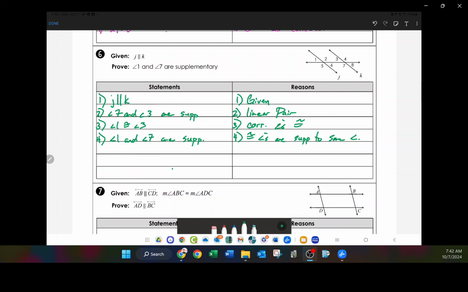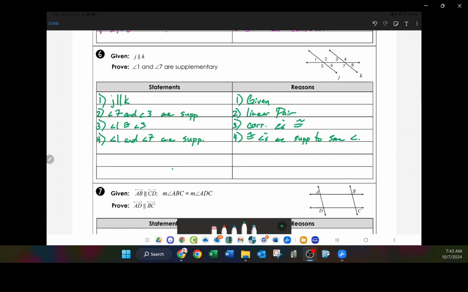So, the reason why this has so many lines is because for some reason the person who made this wants you to show that angle 3 and 7 add up to 180, and then say that 1 and 3 are congruent, and then say 1 and 3 are equal. So you can substitute 1 for 3, so angle 7 and 1 now add up to 180, and then by definition supplementary.